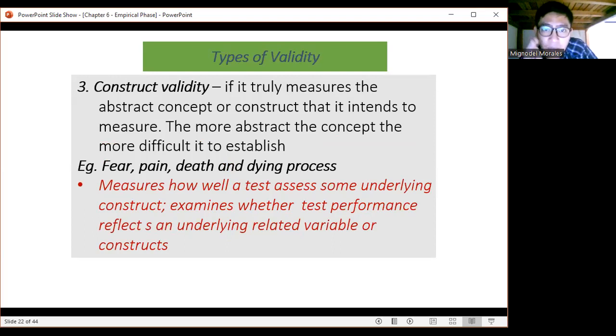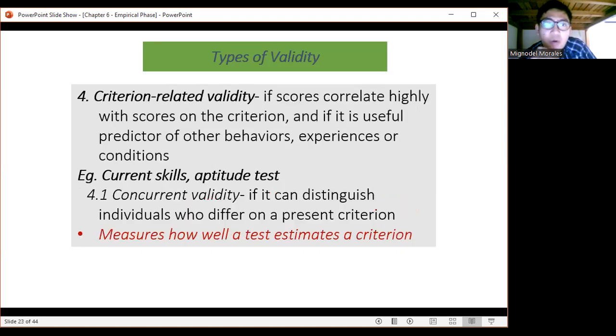And we must lessen the abstract concepts in your items. So criterion-related validity: if scores correlate highly with the scores of the criterion, and it is a useful predictor of other behavior or experiences. Okay, for example, current skills and aptitude test. No, this is a criterion of validity.